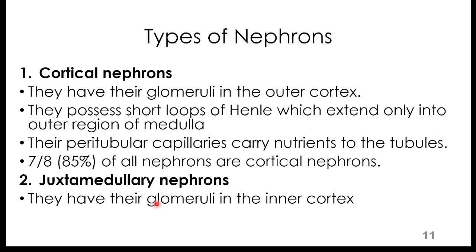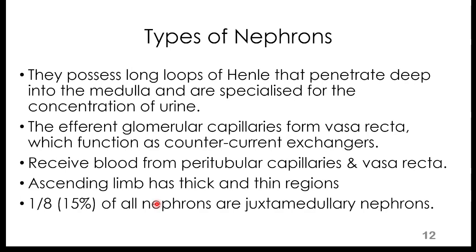Juxtamedullary nephrons, their glomeruli are also in the cortex, but in the inner part of the cortex, quite close to the medulla, and that's why they are called juxtamedullary. They have long loops of Henle that go deep into the medulla, and they are the particular nephrons that are involved in the concentration of urine.